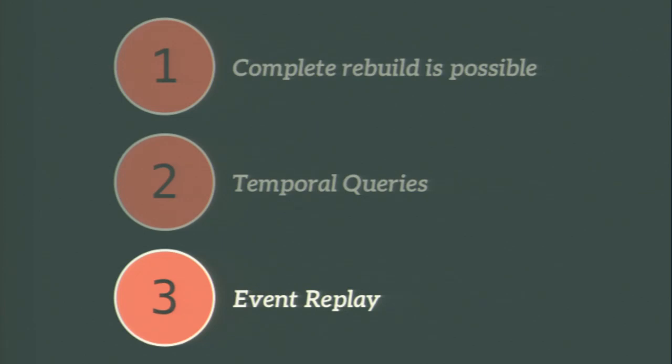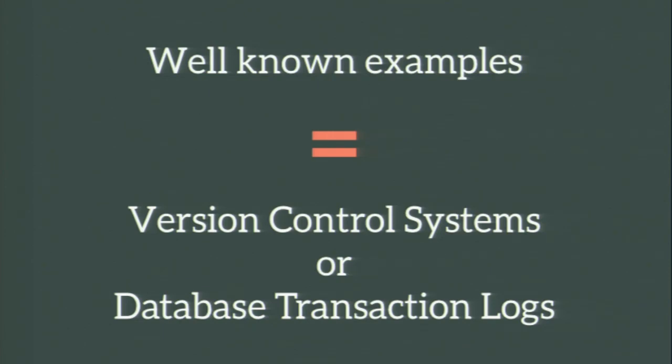Well-known examples for event-sourced architectures are, for instance, version control systems. If you take a look at Subversion or Git and so on, you instantly see this event character, because you can replay a Git repository, Subversion, or any other version control system that you use on a commit by commit basis.